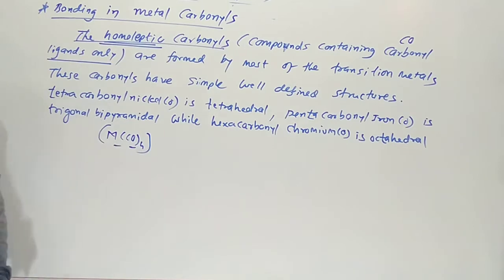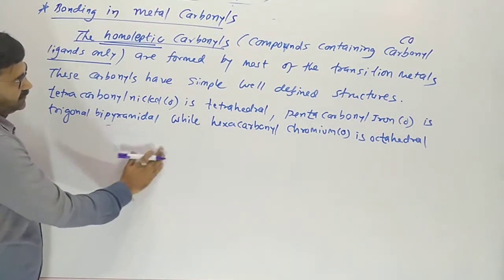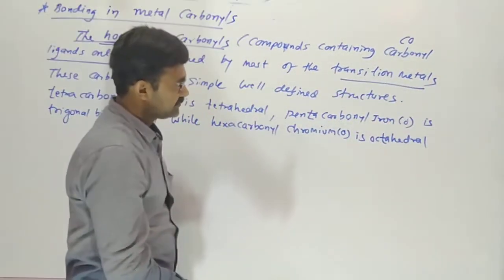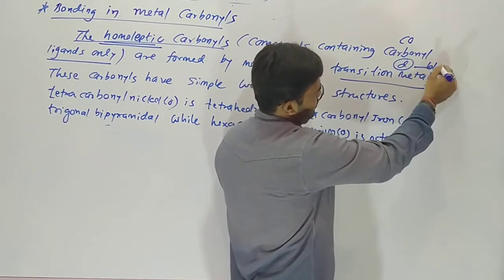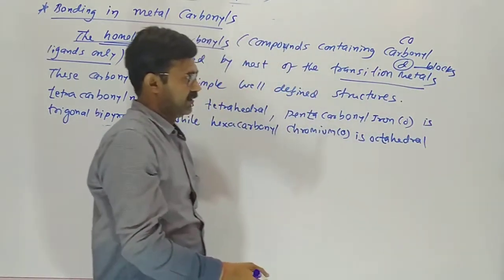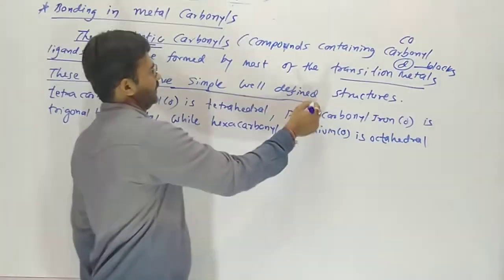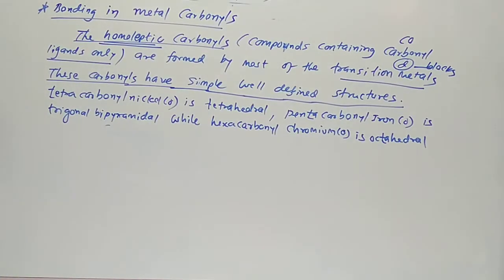Metal carbonyl compounds are formed by most of the transition metals. Transition metals means elements of the d block. These carbonyls have simple, well-defined structures.